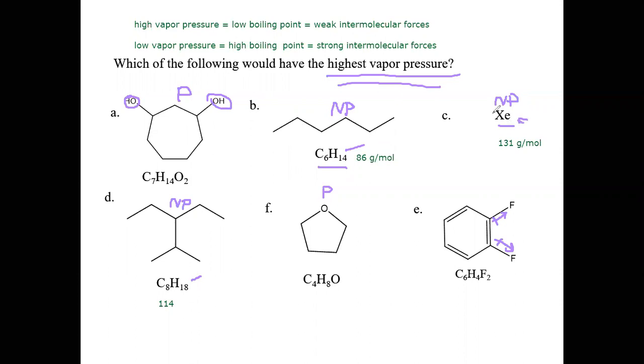Since xenon is an atomic solid, it would actually have weaker intermolecular forces than C6H14 or C8H18. Because again, it's an atomic solid. Atomic solids are weaker intermolecular forces than a molecular solid. So the correct answer would be C. C would have the highest vapor pressure at a given temperature, of course.